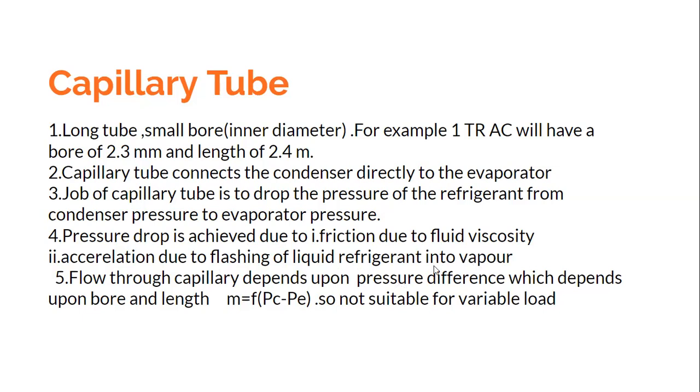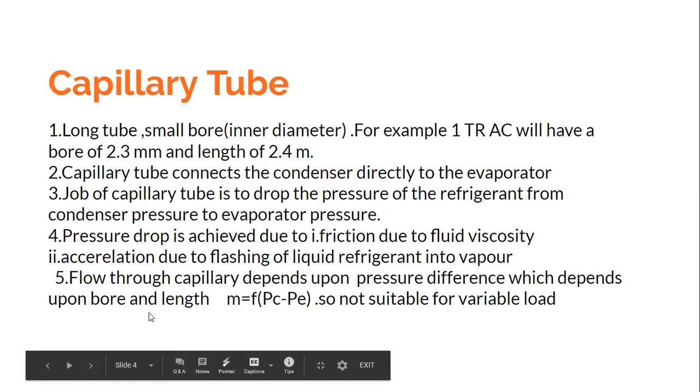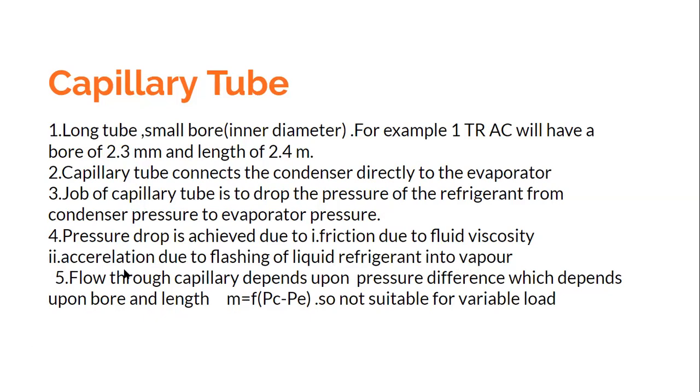So the flashing of the liquid refrigerant into some vapor results in acceleration of the refrigerant as it flows through the narrow constriction, and that acceleration also causes the pressure drop. So the pressure drop from the condenser pressure to the evaporator pressure happens because of, one, the friction, and second, the flashing, which results in acceleration. This has to be kept in mind.